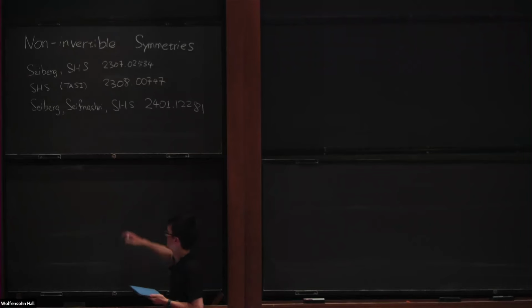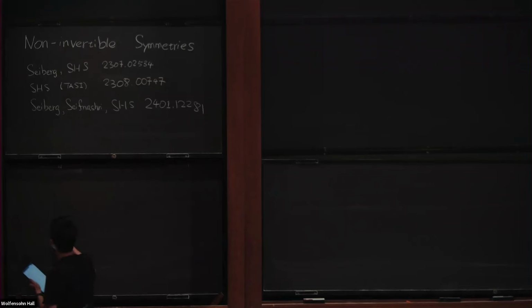There are some examples that I want to give as a big overview to start with, but I will only focus on one example in the first two lectures. Perhaps the earliest example is the non-invertible symmetries in the 1+1 dimensional Ising conformal field theory.